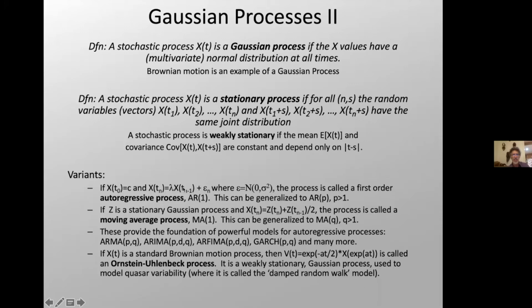And if it depends on other values, n-2, n-3, n-4, then it's AR of order P. You have dependencies on P previous values in time or in space or whatever it might be, is your time-like variable.